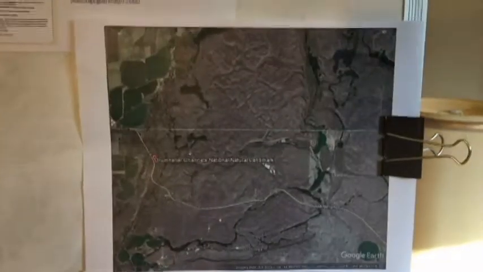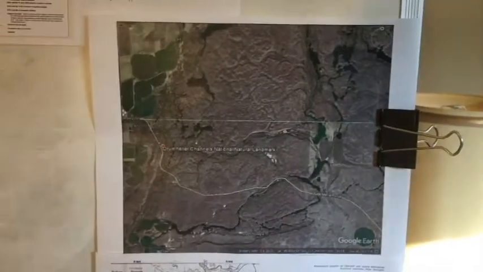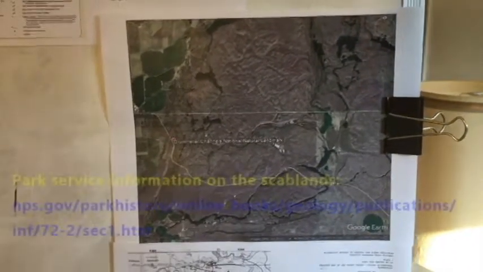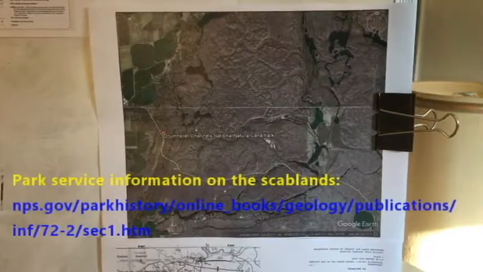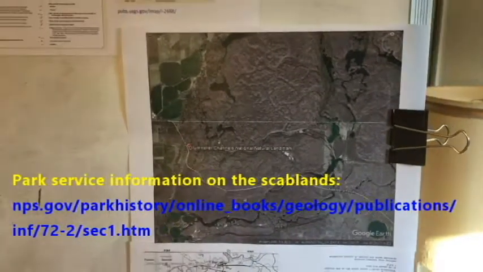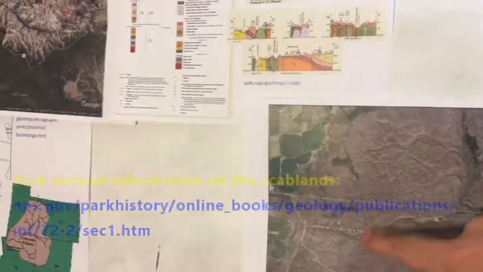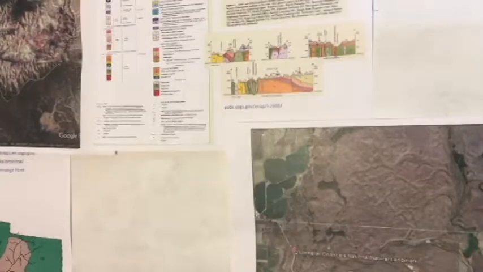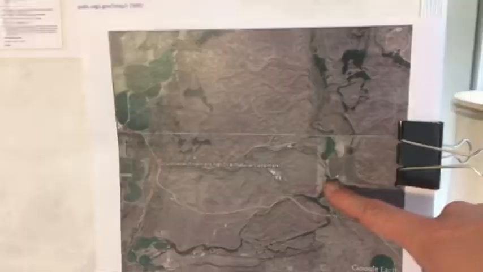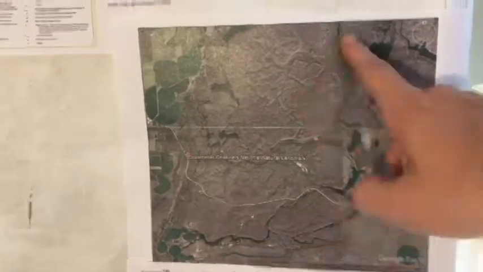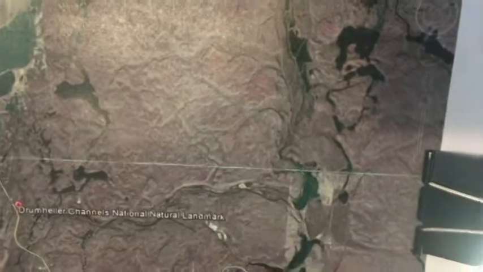Now this one here, the Drumheller channels, actually fits the flood part of my experiment very well, because you can see these random braided patterns. You've got one river at present, one meander, okay? But you can tell, you see all these little abandoned channels everywhere. What happened here?